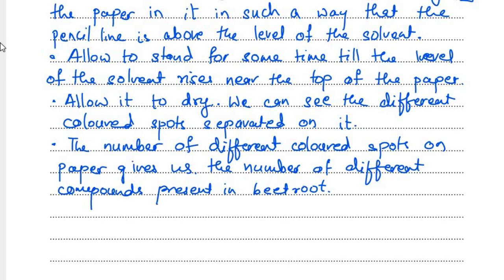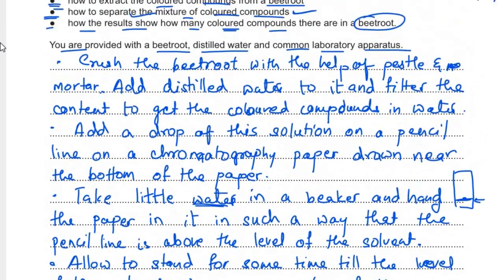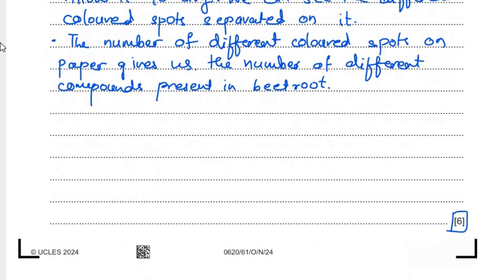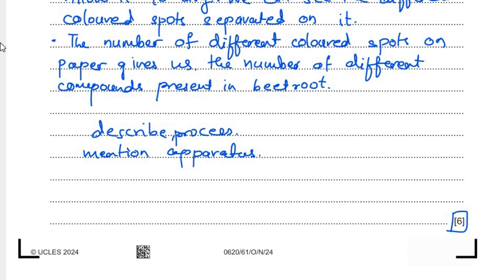So this is the last question, carrying 6 marks. If we have written all these points, then definitely we're going to get full 6 marks. Now I'll again repeat that we need to fully describe the process. Describe the process, and also mention the apparatus which we are going to use. And if there is some other experiment we are describing where capacity is required, then we can mention the capacity of the apparatus also.